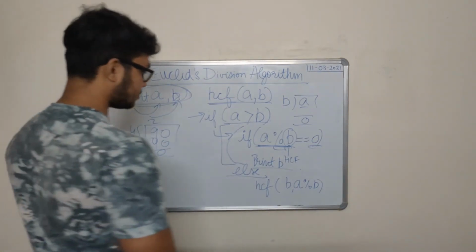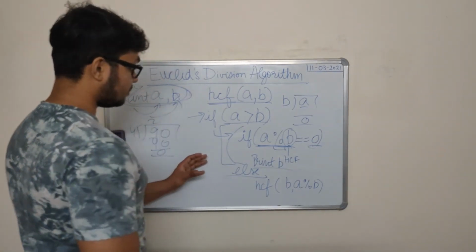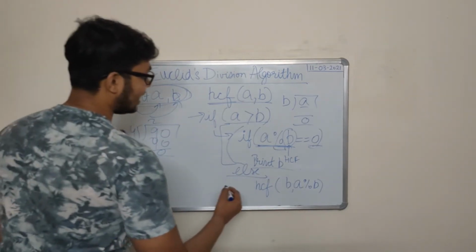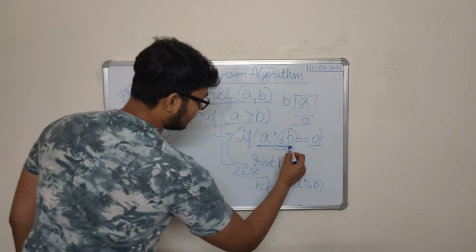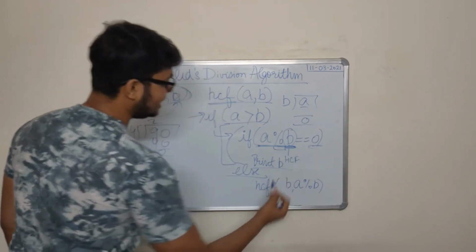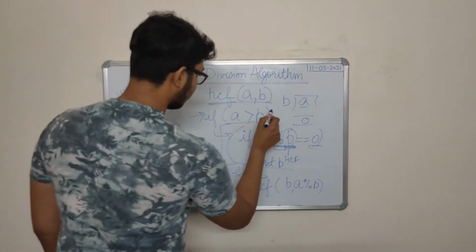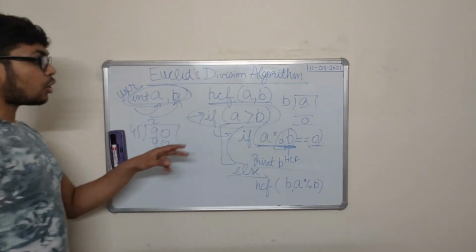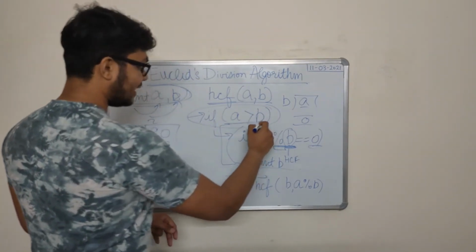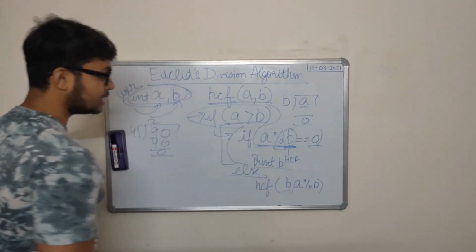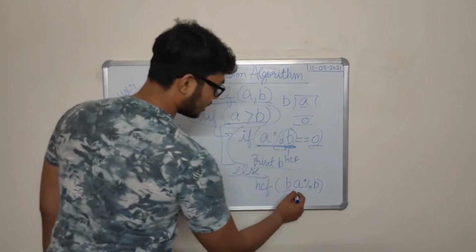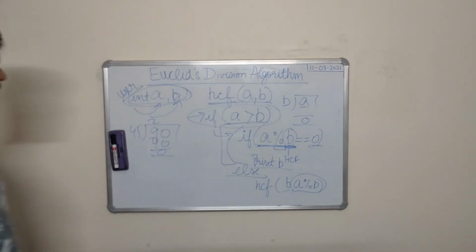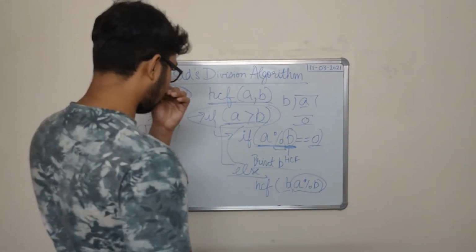If that's not true, I want to use B, which because of this statement is the smaller of these two numbers, and also the remainder of A and B. That's what we actually want.